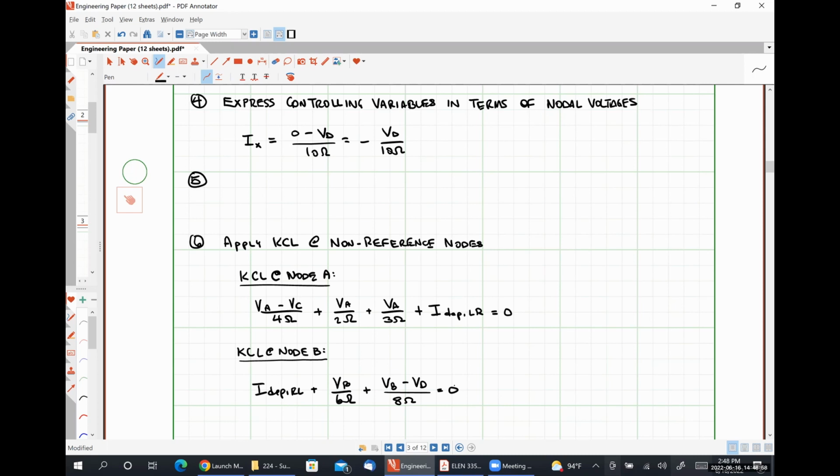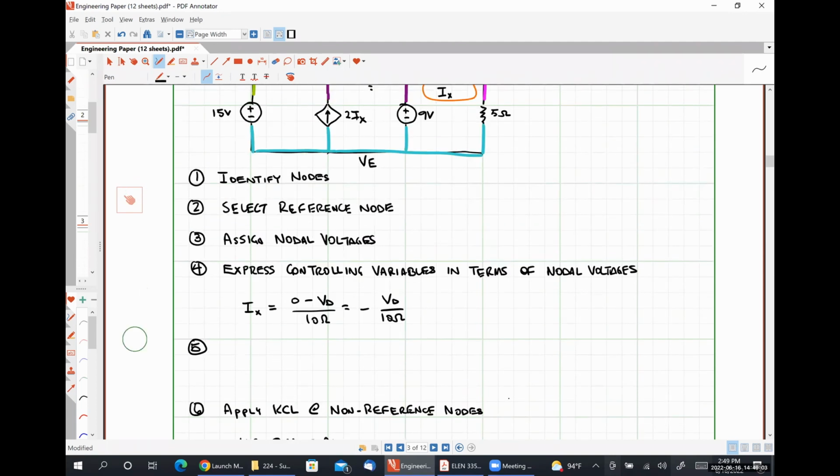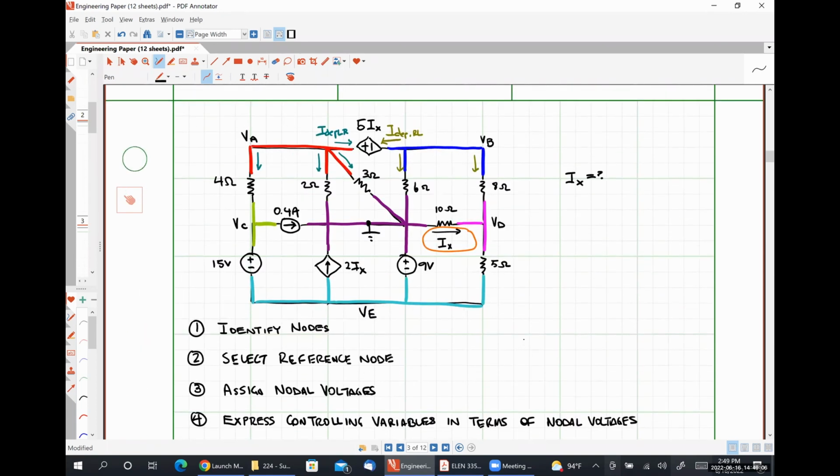So instead of writing individual KCL equations, let me erase these right here. We lump these two nodes together, and we sum all of the currents that are leaving our supernode. And that's what our real step 6 is.